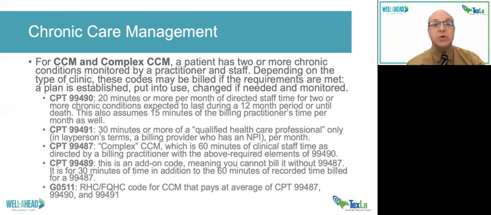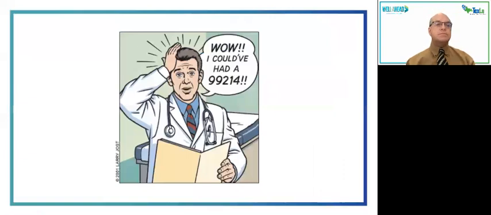You can do an additional billing code to reflect the work that your staff and you may be doing when you're doing chronic care management of a really complex patient. And then G0511 is when an RHC or an FQHC is coding for the chronic care management that is being done.